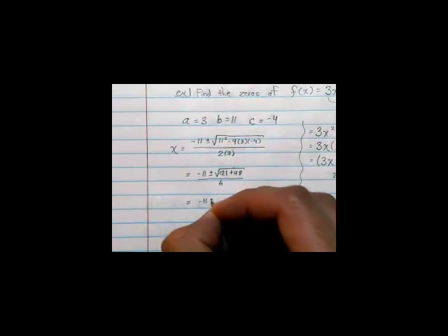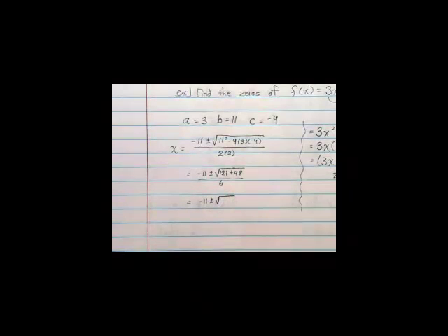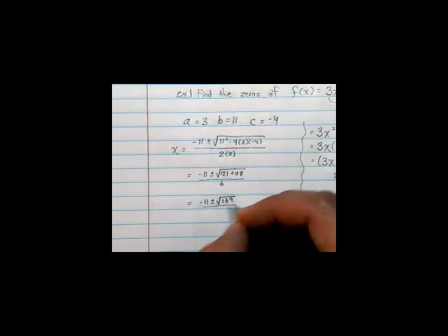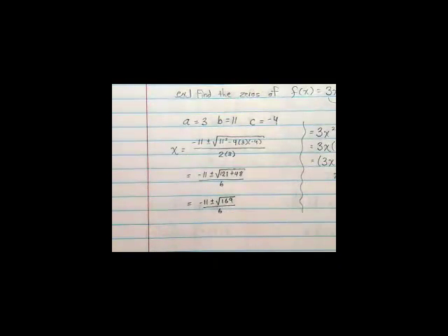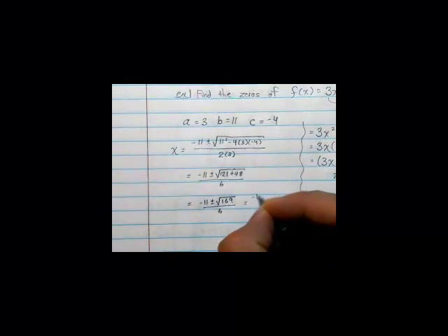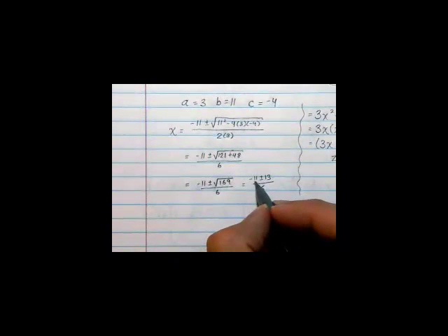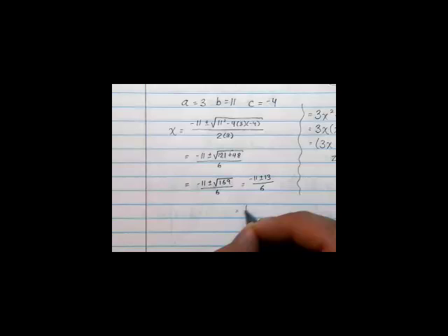So that's going to be plus or minus the square root of 121 plus 48, which is 169. What's the square root of 169? 13. So negative 11 plus or minus 13 over 6. If I do negative 11 plus 13, that gives me 2. 2 over 6 is 1/3.